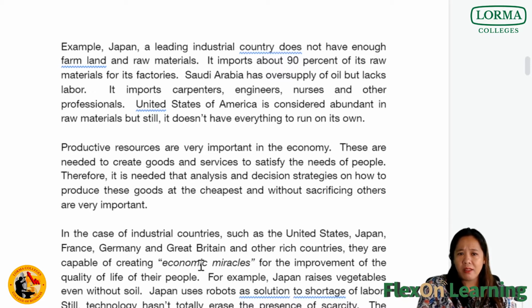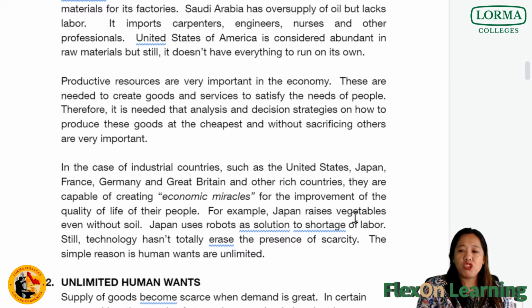They create gigantic or huge fruits and vegetables, even if they're just created in the rooftop. They raise fishes and shrimps in the corners, things like that. So this is for the improvement of the quality of life of people.